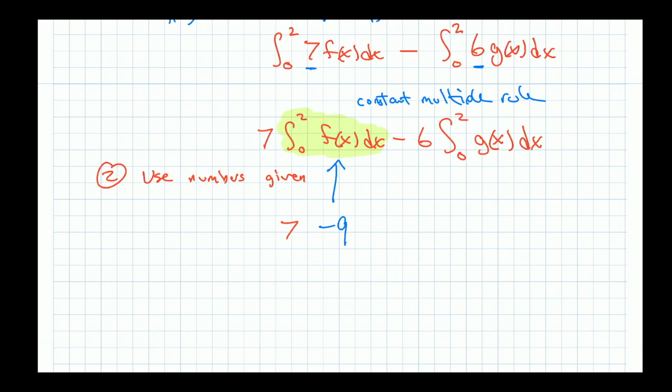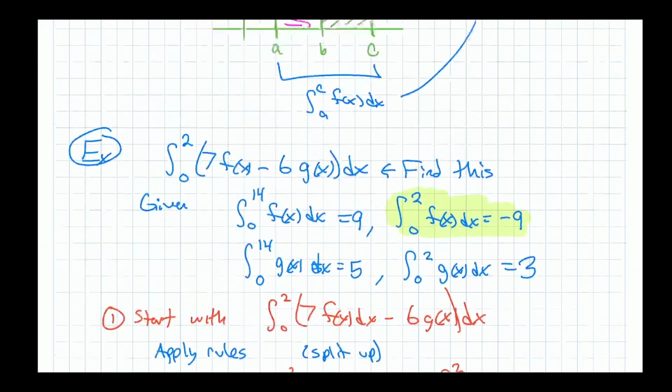Of course, you still have the 7. Then what about this other one? 0 to 2 of g. Well, what's the integral from 0 to 2 of g? Again, you're just looking it up.